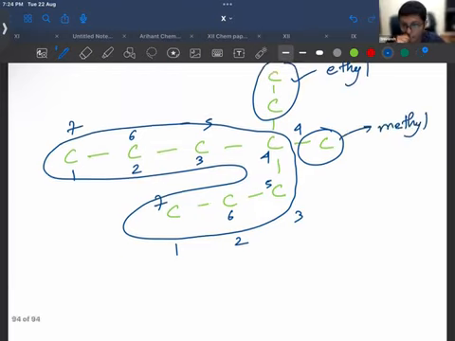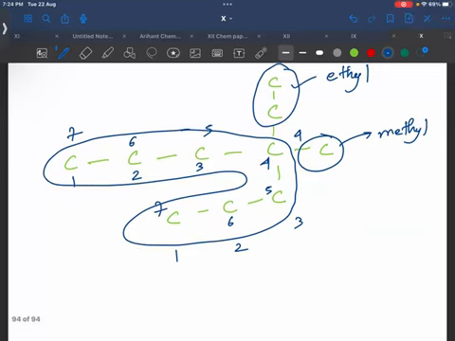And now whenever you have different substituents, you need to write this down. First listen to me.